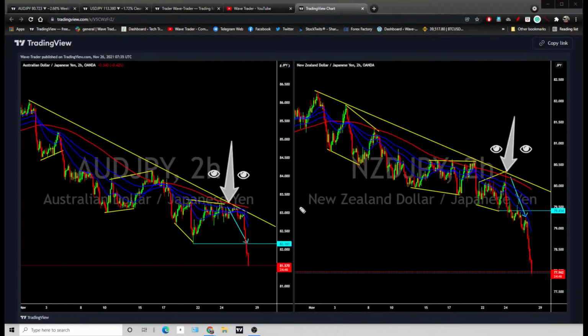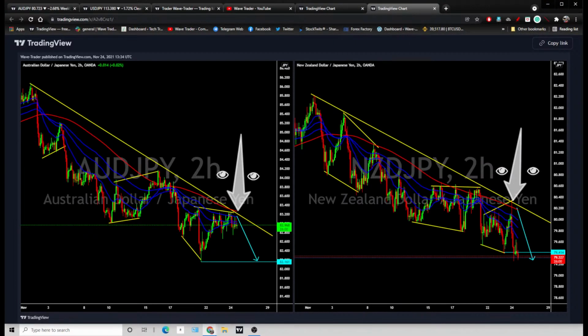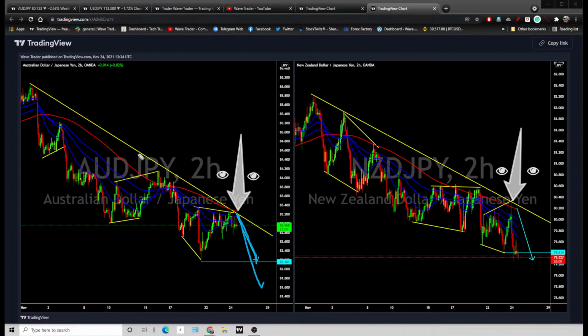Even I have shown you that trade as well in the previous weekly market outlook. That wave has happened, and that wave is just happening now. It happened over there over the weekend. That was the previous chart, and that was the trade. So Aussie Yen is just simply going down.